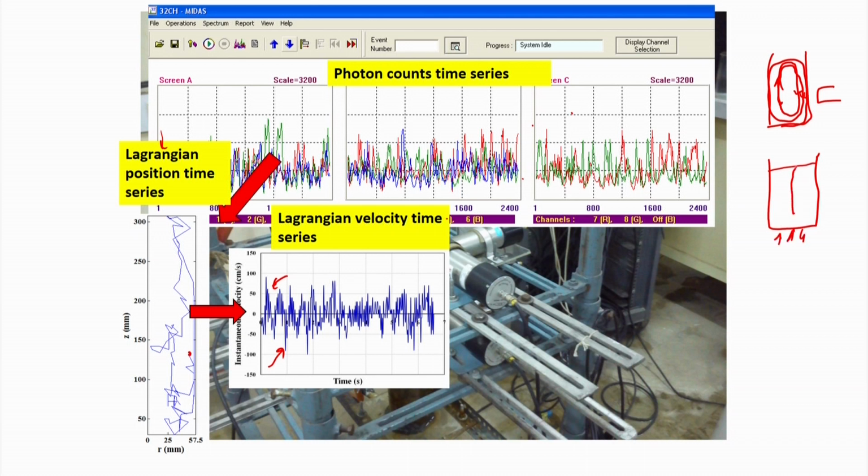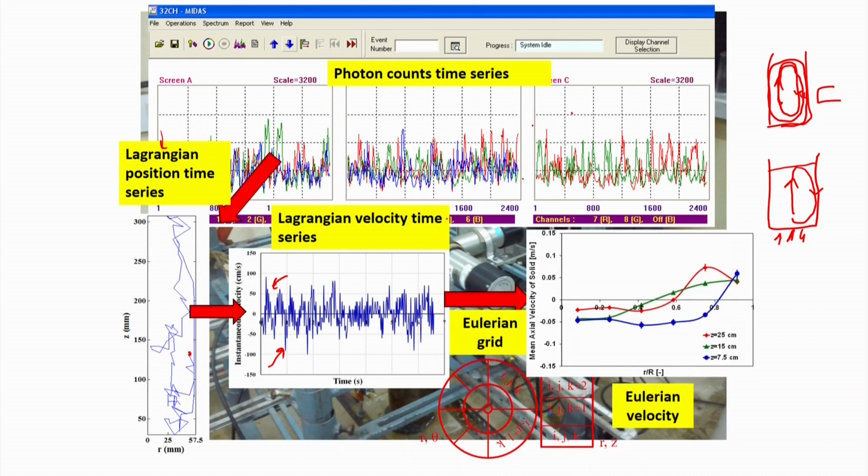It will move up with the liquid at the center, say, and then it will come down. Once it is going up, velocity will be positive. Once it is coming down, the velocity will be negative. So, we will get a Lagrangian velocity time series, showing how the Lagrangian velocity of the particle changes with time.